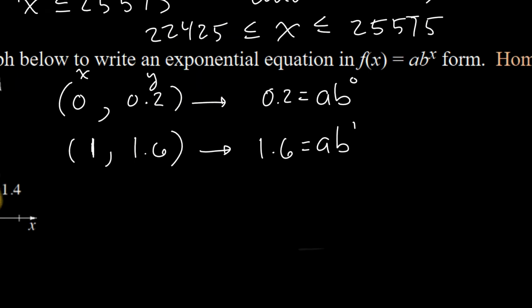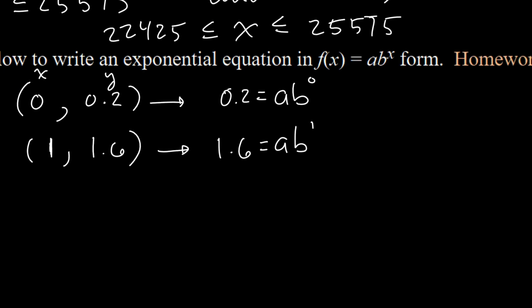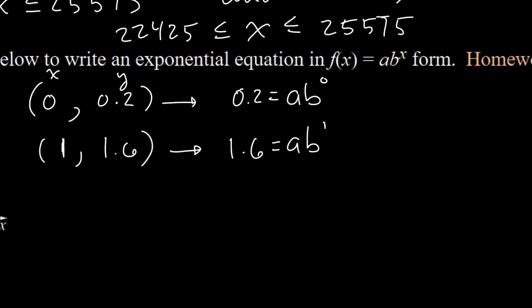What's beautiful about this is probably the best case scenario. You can see that b to the 0 equals 1. So since this is the number 1, I know that a has to be 0.2. So off the bat, we got that a is 0.2. I'm not having to use the equal values method here. I can see what a is right away. And then I'm going to take that value of a and plug it into my second equation.